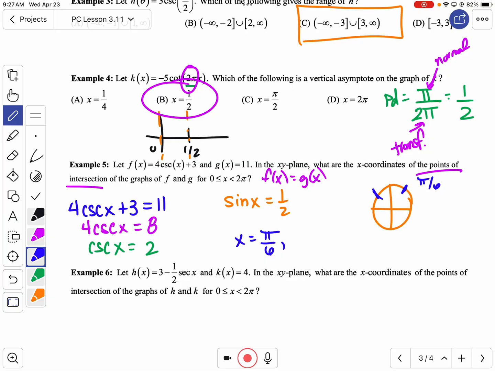What would we call it in the second quadrant? 5 pi over 6. Yep, that's exactly what we do. Okay, using what we know on the unit circle one time, because it said 0 to 2 pi, what are those values, those arc lengths that would work?